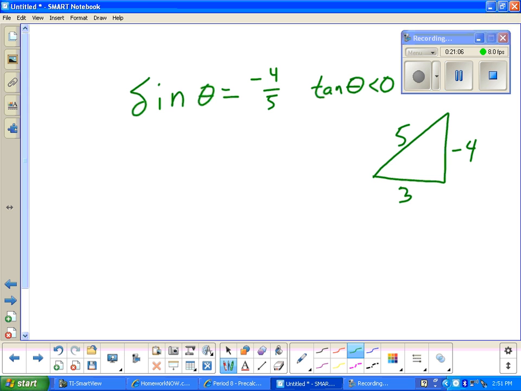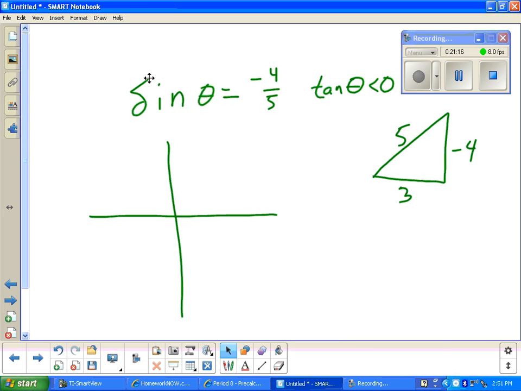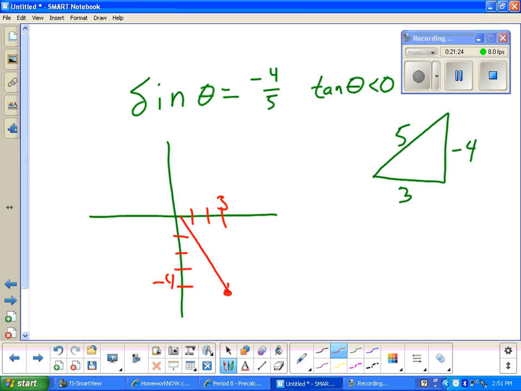Now let's draw our reference triangle. And actually, we don't even have to draw the reference triangle. You can solve the problem from here. But this is actually what your triangle is going to look like. It's going to look like over 3 and down 4. That's your reference triangle. 5, -4. But you know what? You can get all your answers off that triangle that I just drew. The question is going to be what's cosine and tangent.